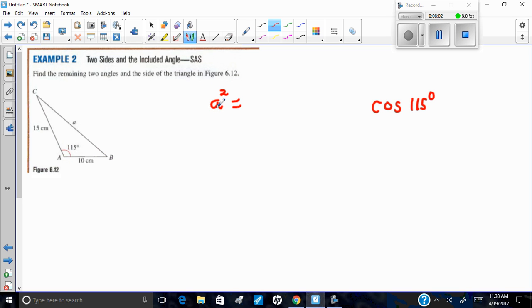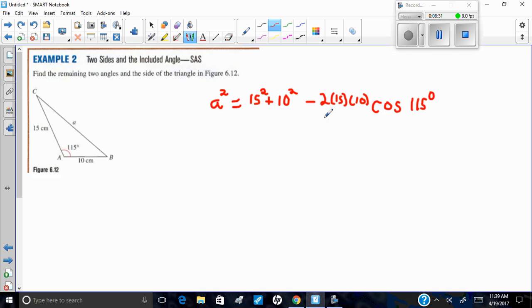So a squared, a is the side we need, is equal to the other two sides squared and added together. So that's 15 squared plus 10 squared, minus 2 times those same two sides, 15 and 10, times the cosine of 115 degrees.